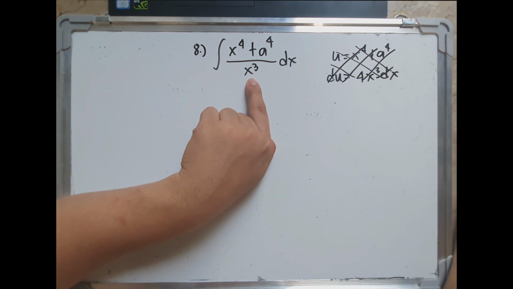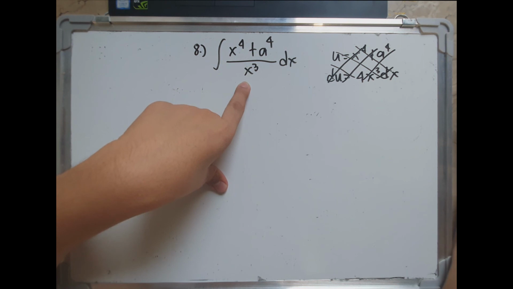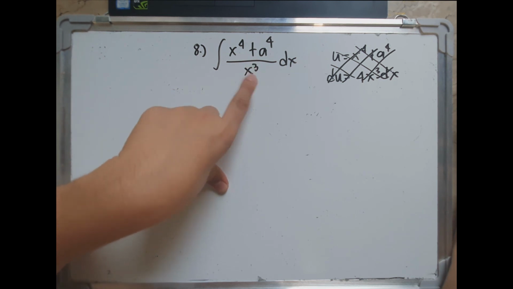Instead, we will be again using algebraic method to this type of example. So look closely. We have a denominator of x cubed. We could split this one to both our terms for the numerator.